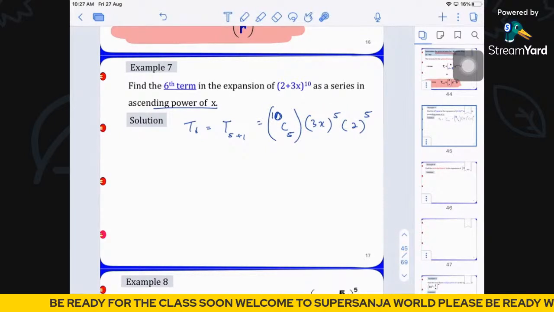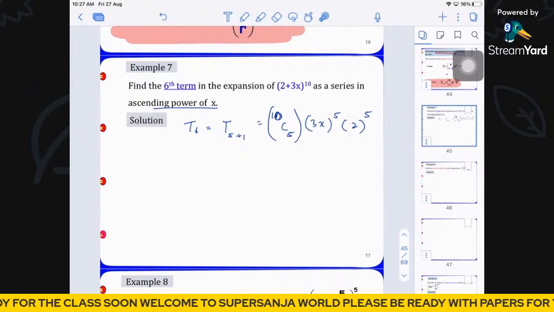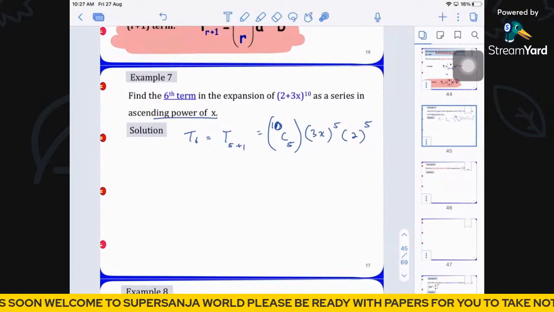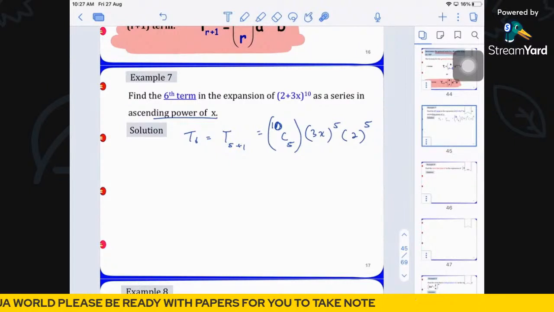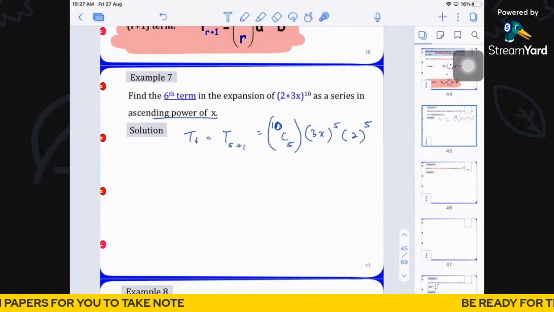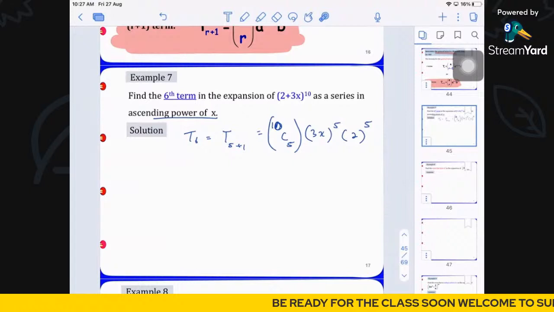Why? Because the sixth term will be power of 5. The first term is power of 0, the second term will be power of 1, the third term will be power of 2, the sixth term will be power of 5. If I ask you the 10th term, of course, it will be power of 9.